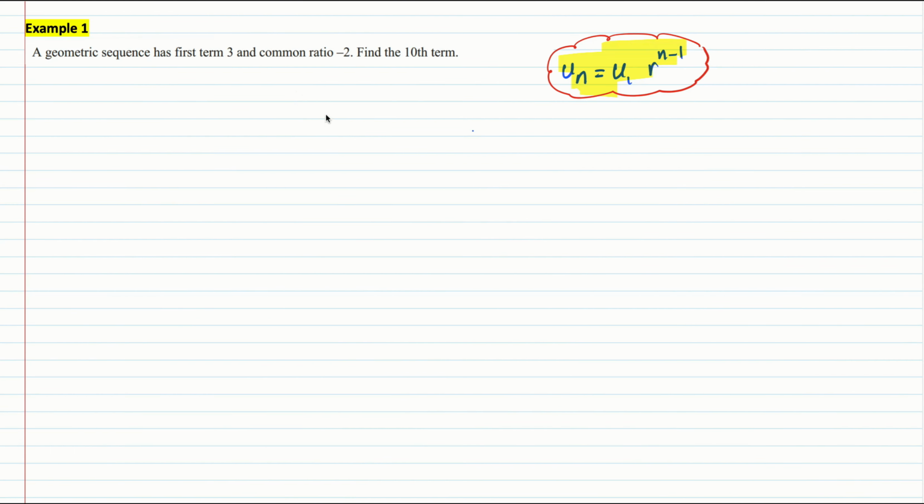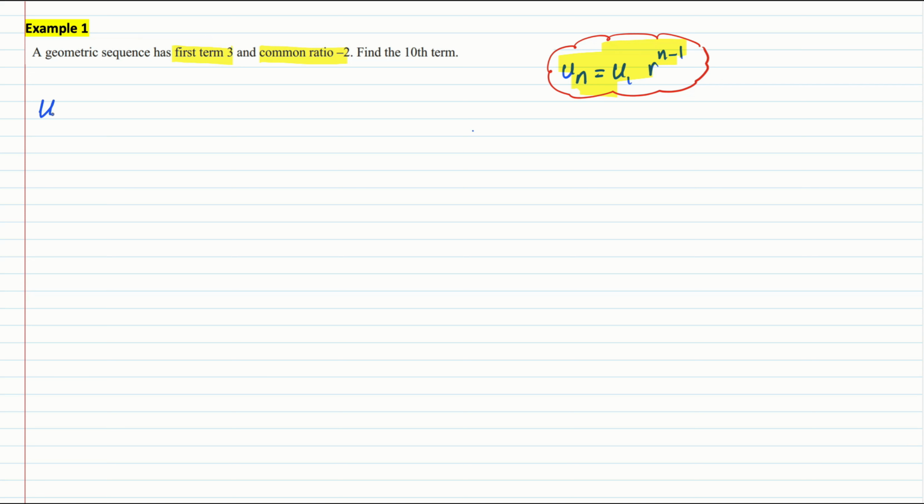Examples on a geometric sequence. In example 1, you have a geometric sequence with first term 3 and the common ratio -2, and you're asked for the 10th term. You may use the general rule.